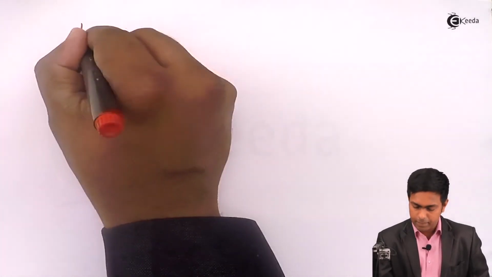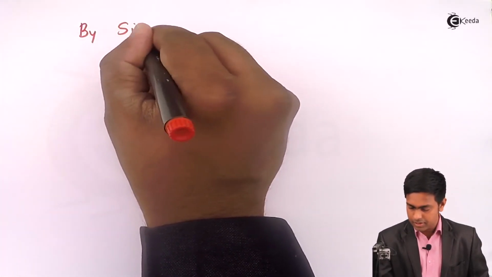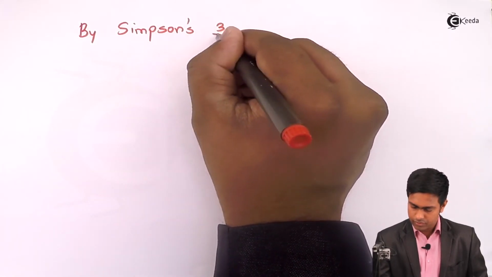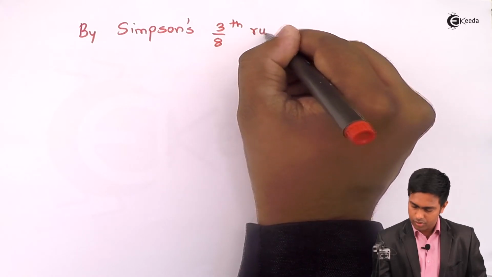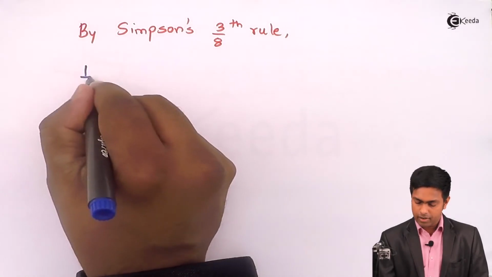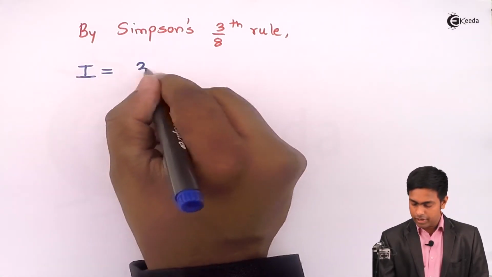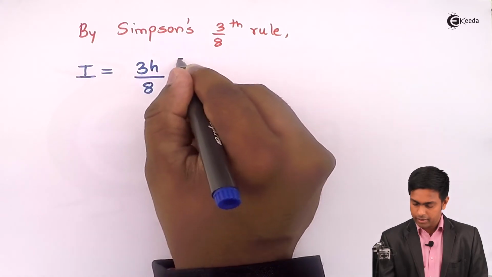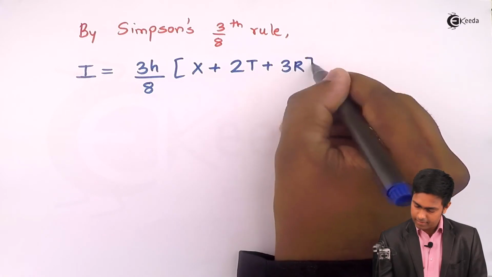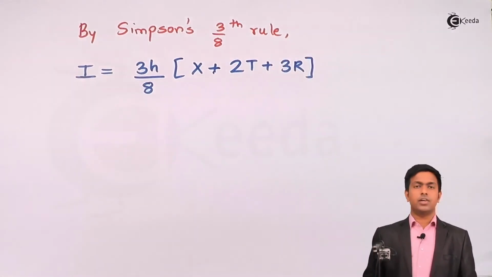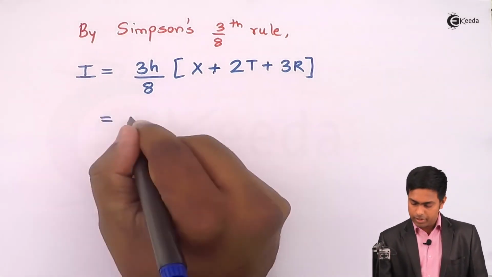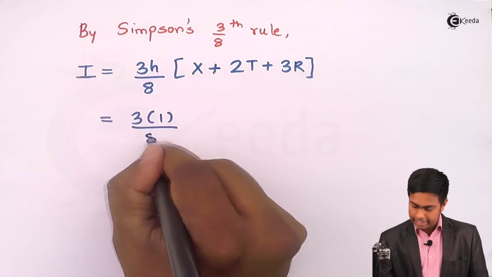By Simpson's 3/8 rule, the value of integration is given by 3h upon 8 into X plus 2T plus 3R, where h is the difference between two subintervals, which we have considered as 1, so this will be 3 into 1 upon 8.